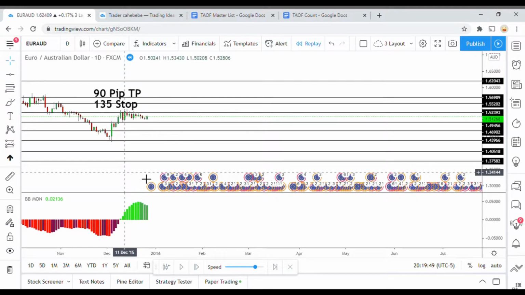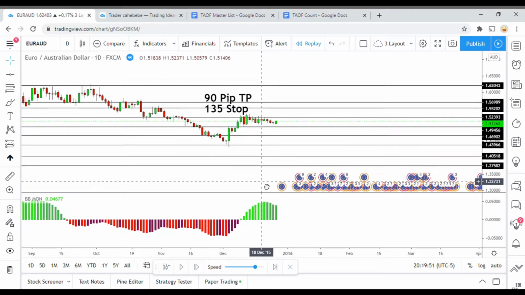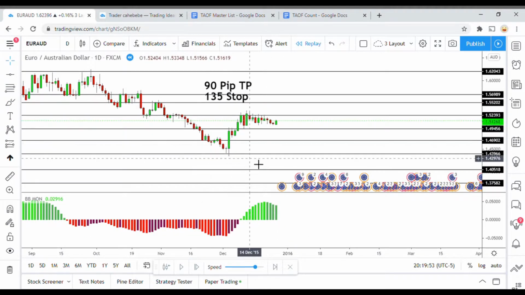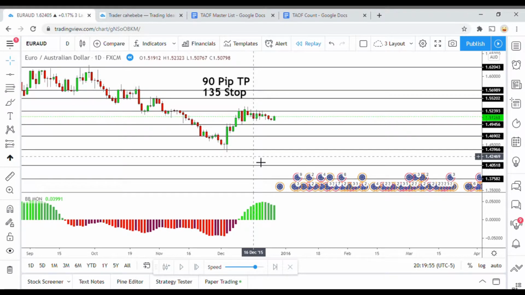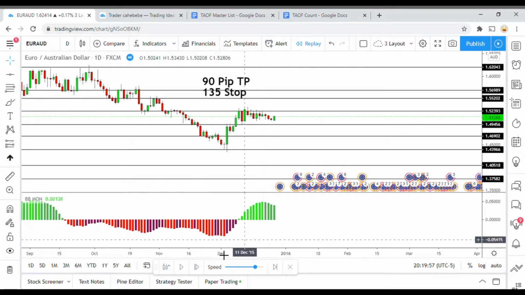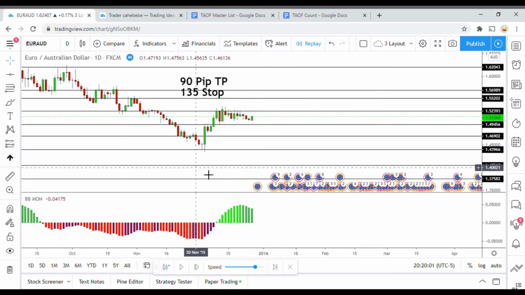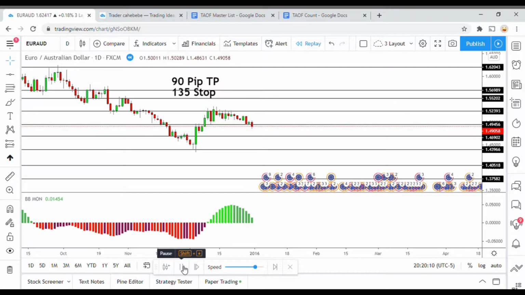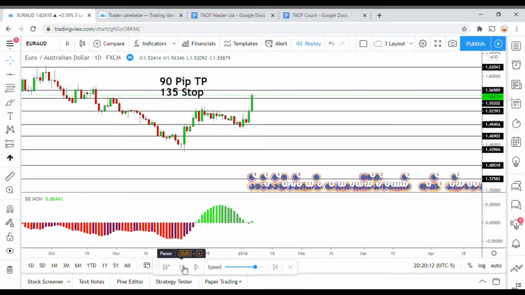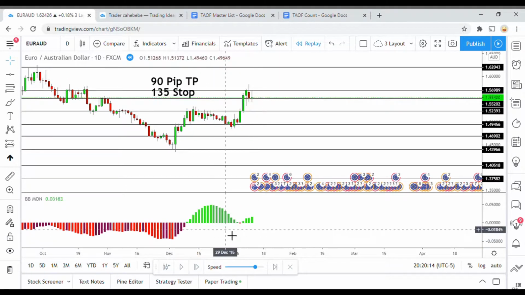These aren't specific, exact lines in the sand. So we can get a grid pattern like that and just keep an eye on price action as we're doing things. All right, as I said, when we go green, that is a signal to go long. When we go red, that is a signal to go short. Let's play it out and see what we can get.